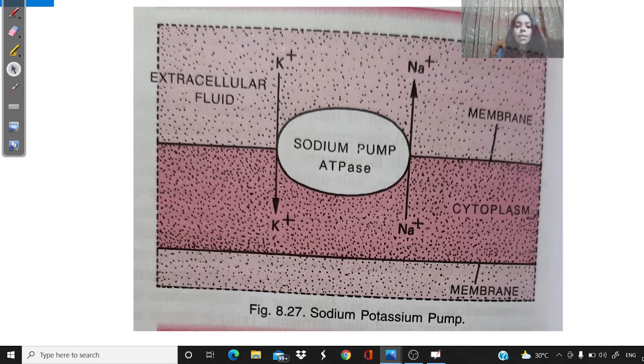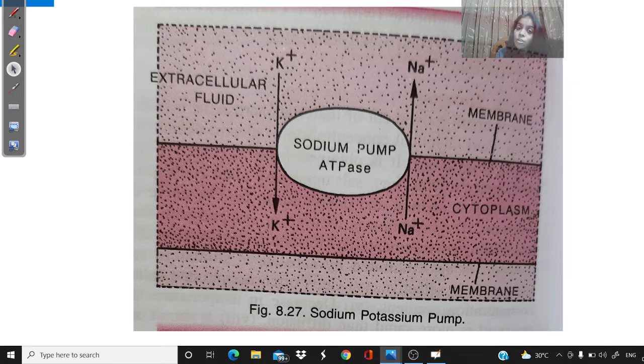So what happens is, when the nerve fiber or the muscle cell membrane is at rest, as I told you, inside is more negative, outside is more positive. Why? That is because when it is at rest, mind my words, three sodium ions move out of the cell across the membrane.